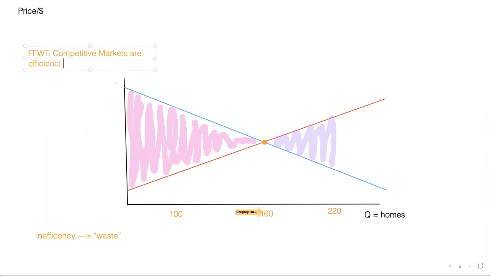And we use a particular measure of efficiency. So economists use total surplus to measure efficiency.